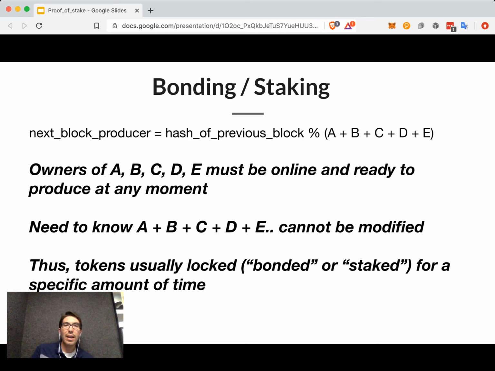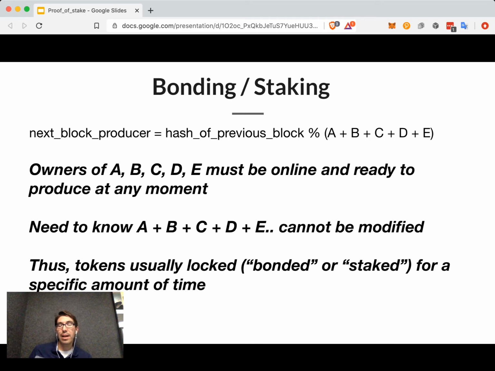So this locking we usually call bonding or staking, and it's generally for a specific amount of time. It could be a specific era, like you need to be online from block X to block Y, or it could be that you just need to be online for a specific amount of time.